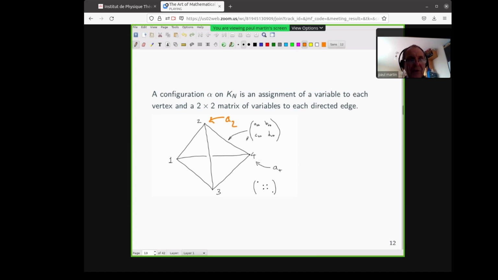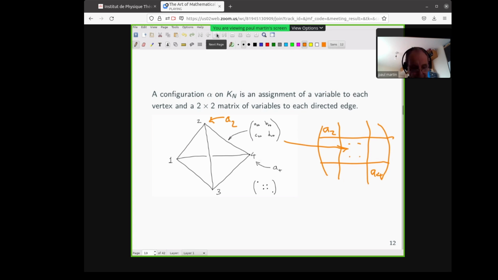So the snippet of my solution to the Braid representation challenge localized at 2, 4 would be something like this. So that'd be A2 there, A4 there, and then this guy going here. So I'm trying to introduce a language where solutions look like configurations of this form. That will help me.